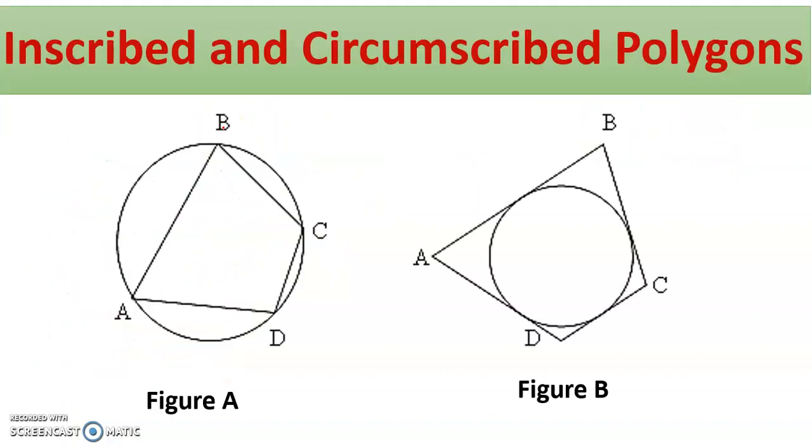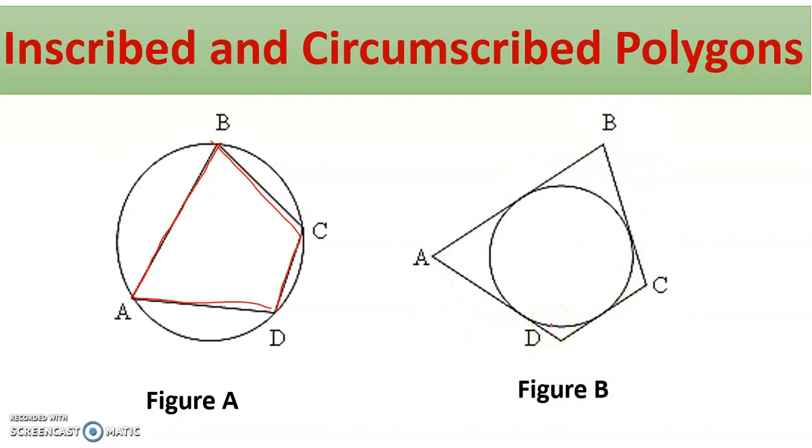Okay, 2 letters. Now think of inscribed and circumscribed polygons. When we have inscribed polygons, the polygon is inside the circle, so the circle would be circumscribed. Here, the circle is inscribed, the quadrilateral is circumscribed.